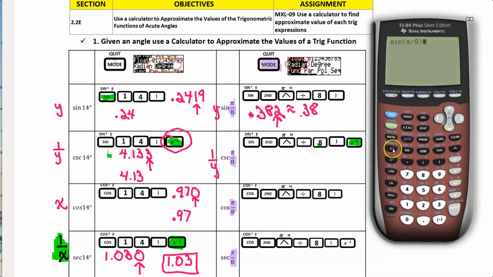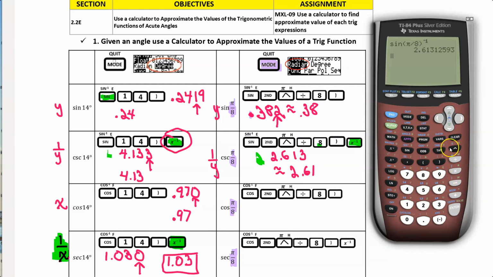Now reciprocal, that flips it, enter. And I get 2.613, which would round to 2.61.